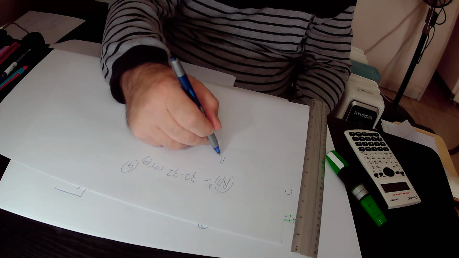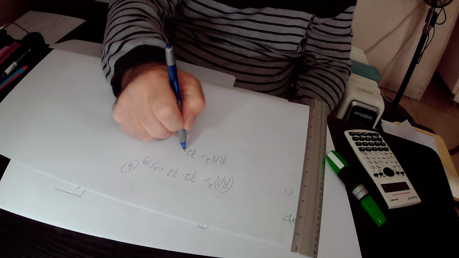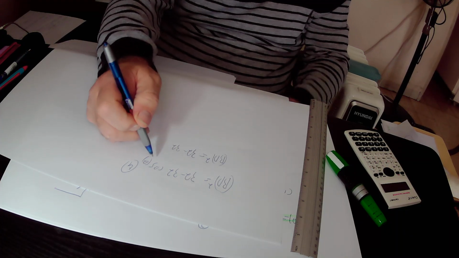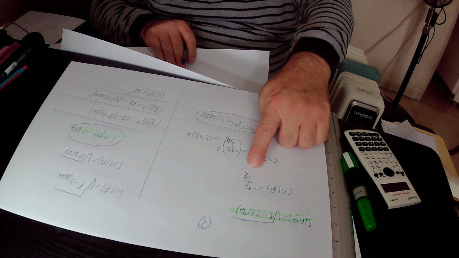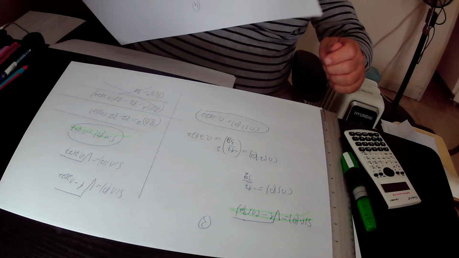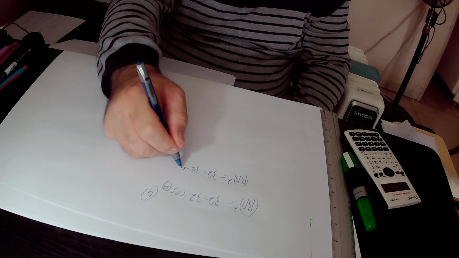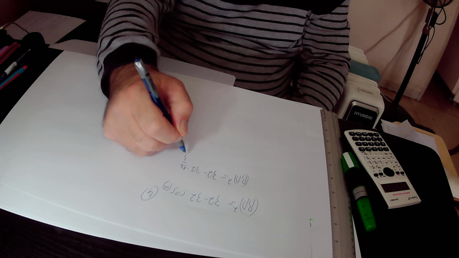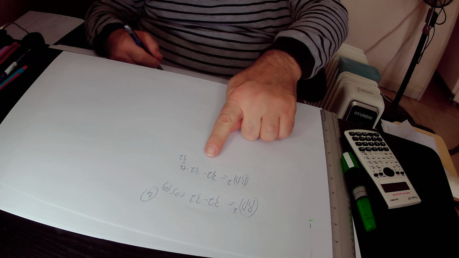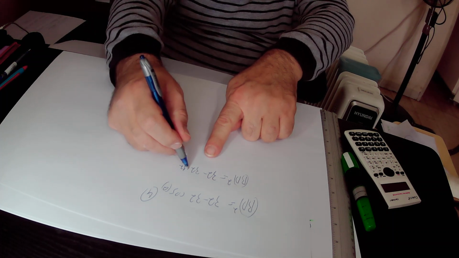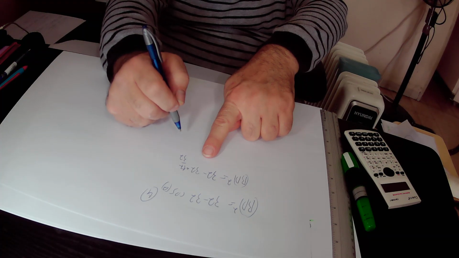So BD square equals 32 minus 32 times cosine theta. And cosine theta is negative 17 over 32. Here we have minus times minus is plus, so this expression in total is a positive expression.